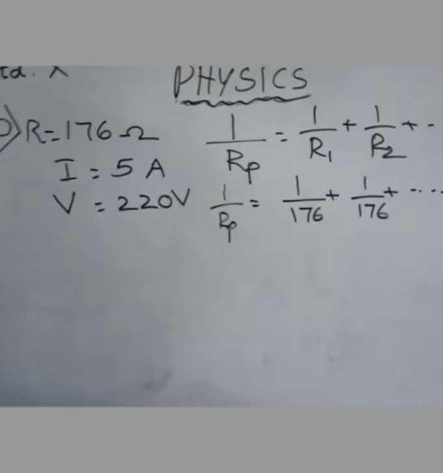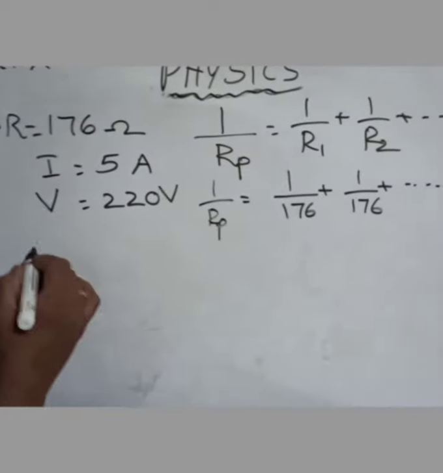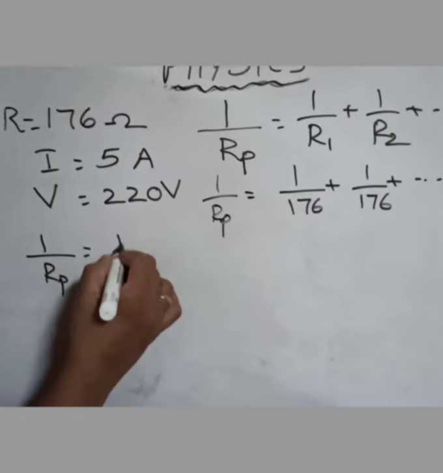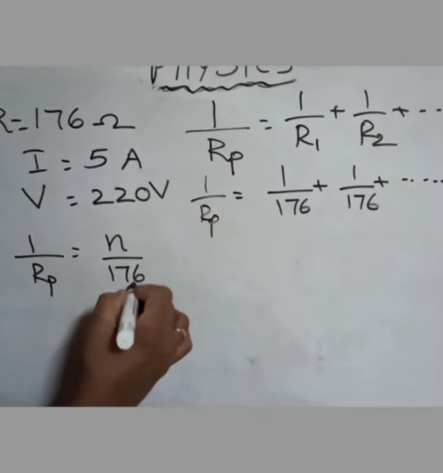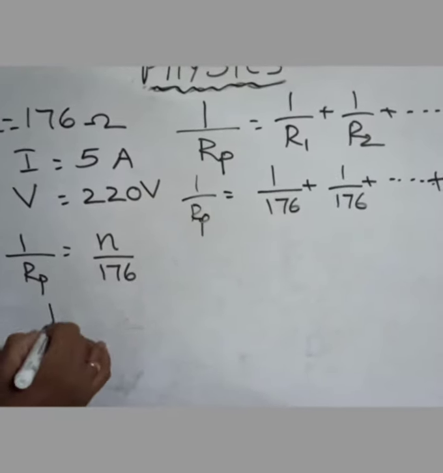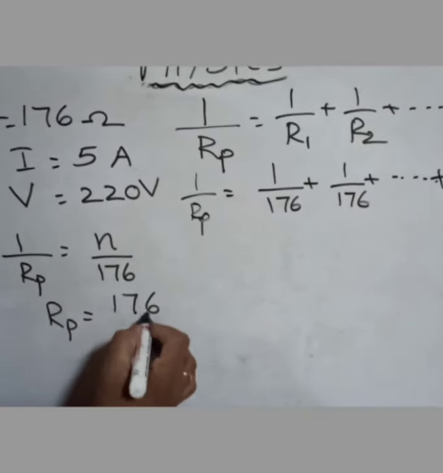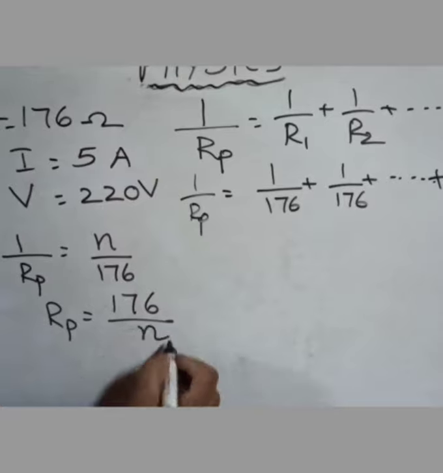So we can take it as 1 by Rp is equal to N by 176. So what is Rp? Rp is equal to, just take the reciprocal, 176 by N.